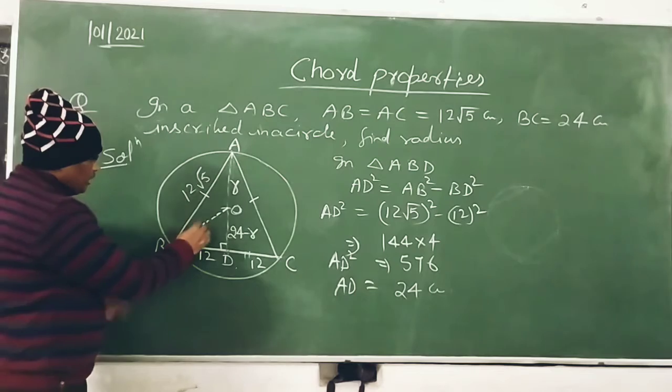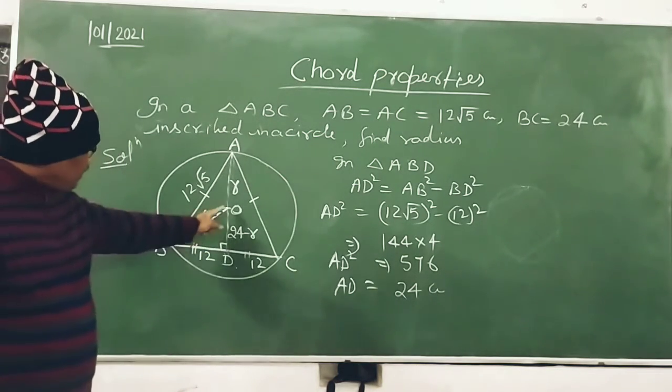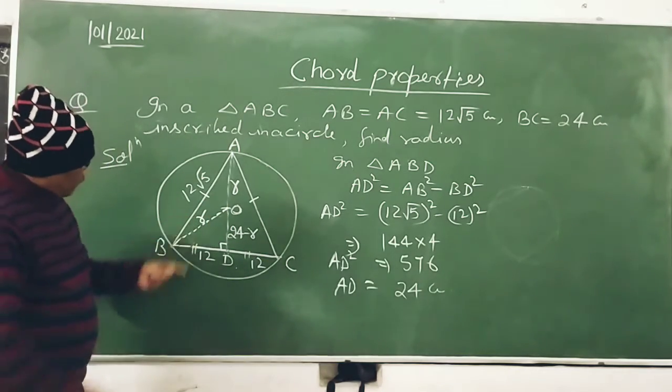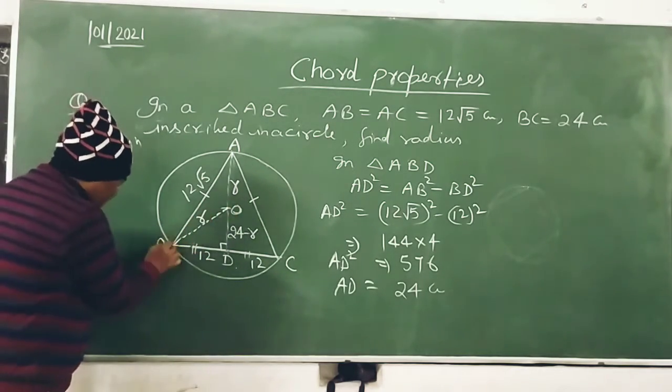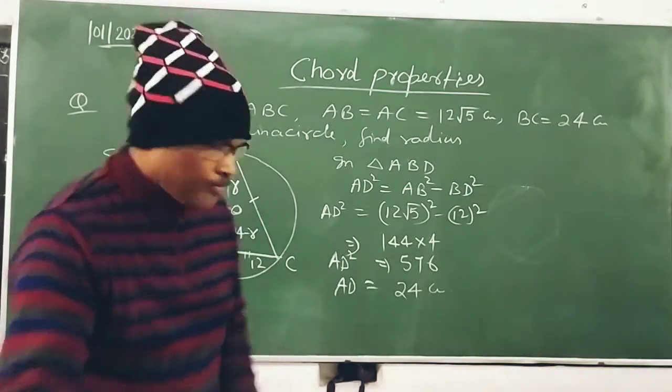And what is OB? OB is also a radius. Do you see? O to B, O to A, O to C, these are the radius. So in the triangle OBD, again you have to use the Pythagoras theorem.